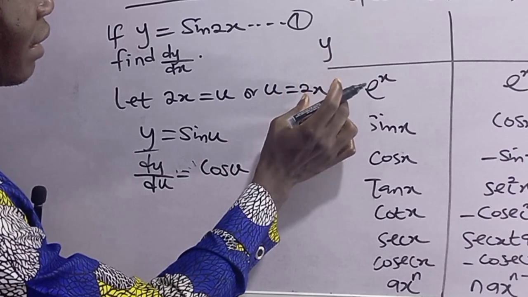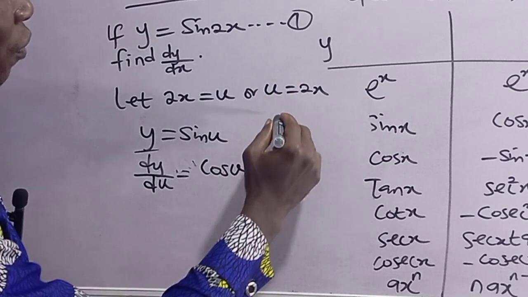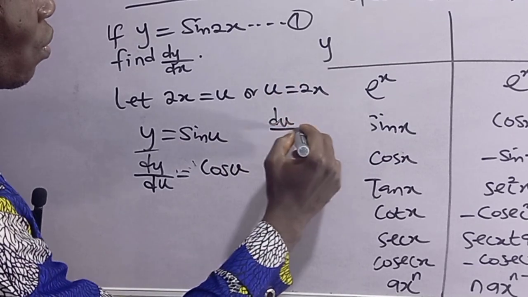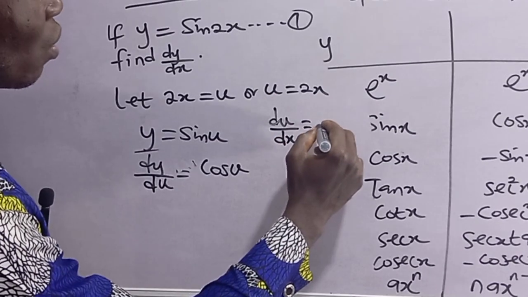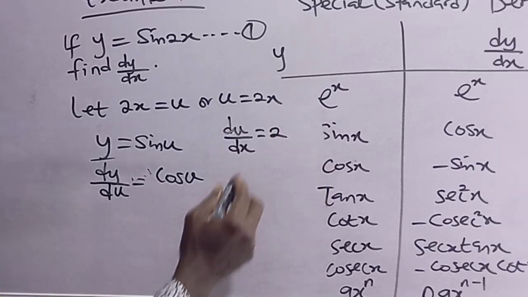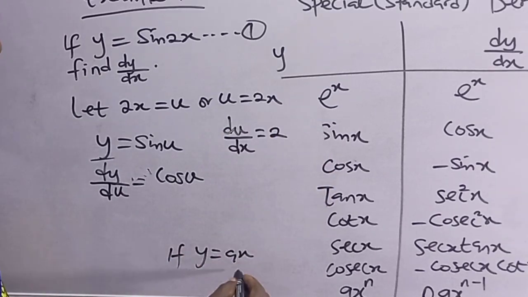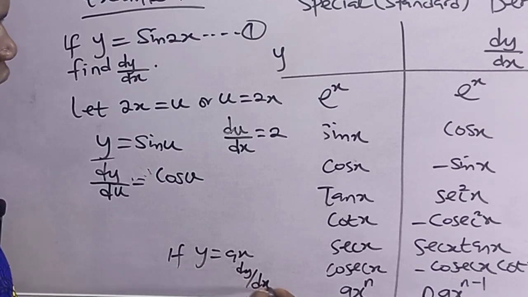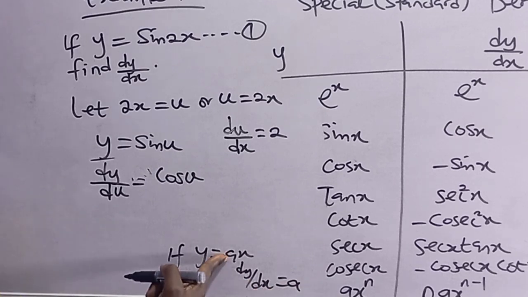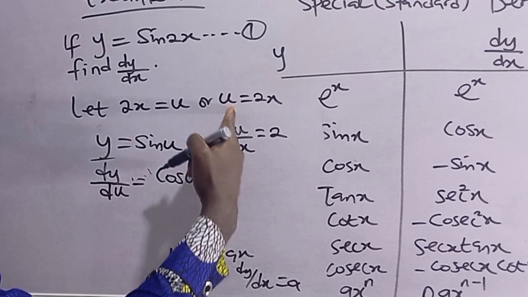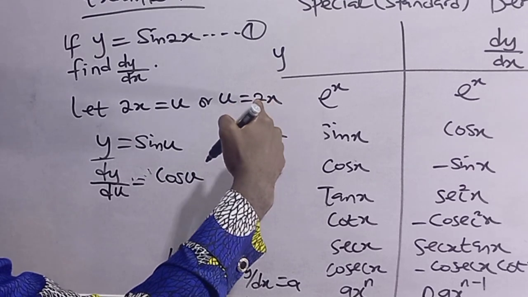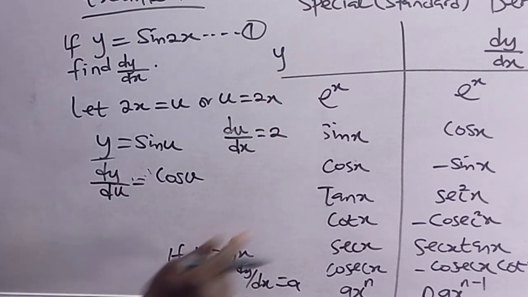Here, u is a function of x. So from here, du all over dx is equal to 2. Generally, if y is equal to ax, dy over dx is equal to a, just the coefficient of x. So du all over dx becomes the coefficient of x, which is 2.